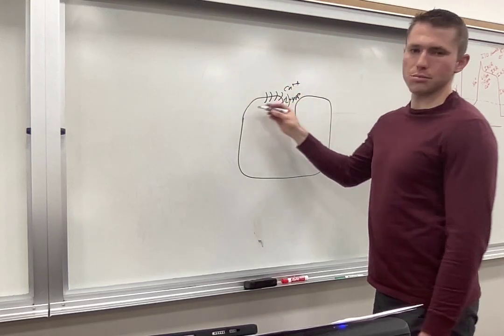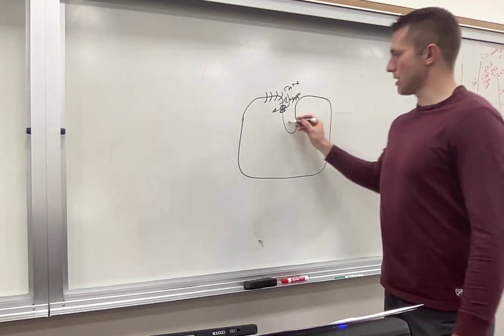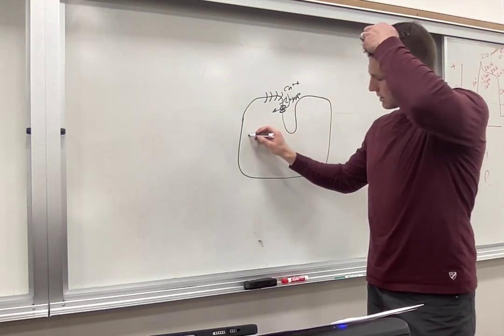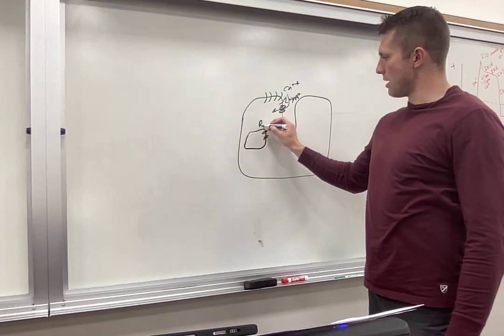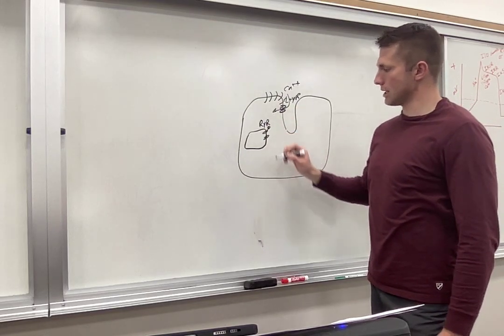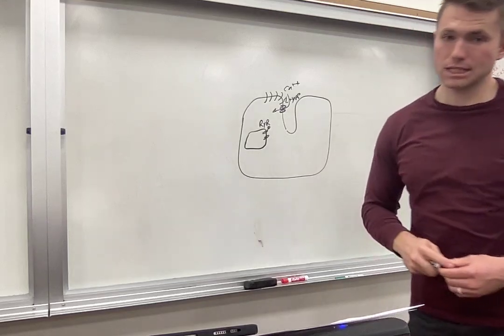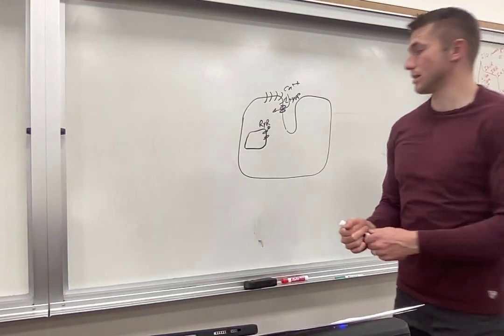It's represented by some waves right there. It causes calcium to come into the cell. Calcium is going to come down to this RyR channel. Calcium is going to bind to it. That lets RyR release more calcium.